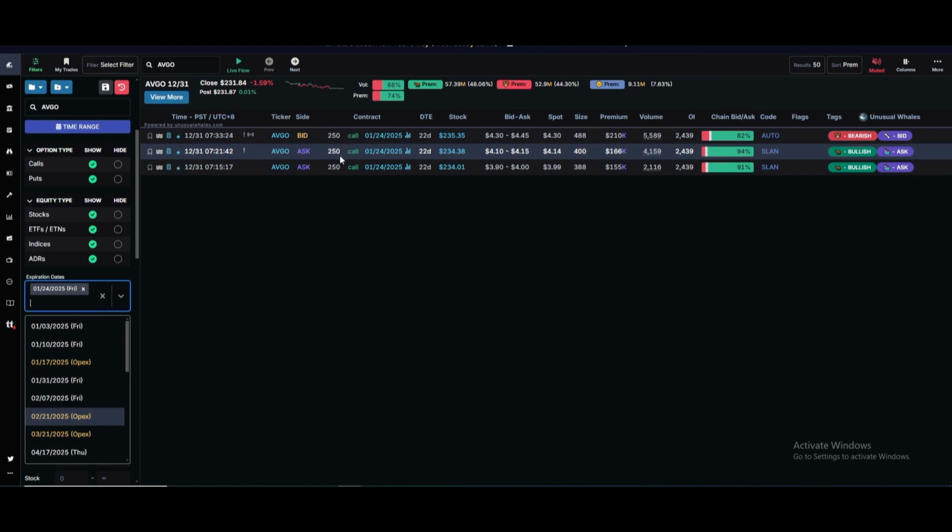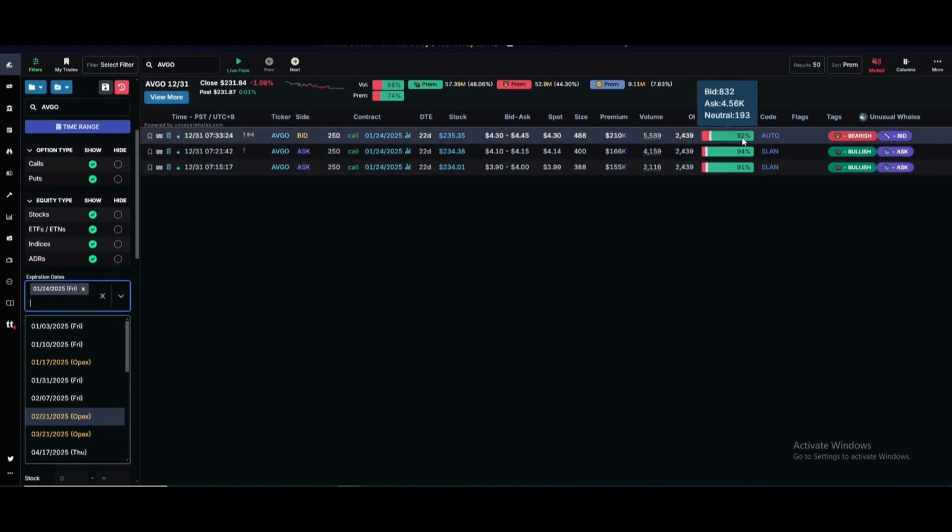So while the other screen was only showing us the calls, and it looked like this was a pretty directional type trade, we can see that right here, there was also a sell, and that was on the ask, which is a bearish trade. So that counters this right here.